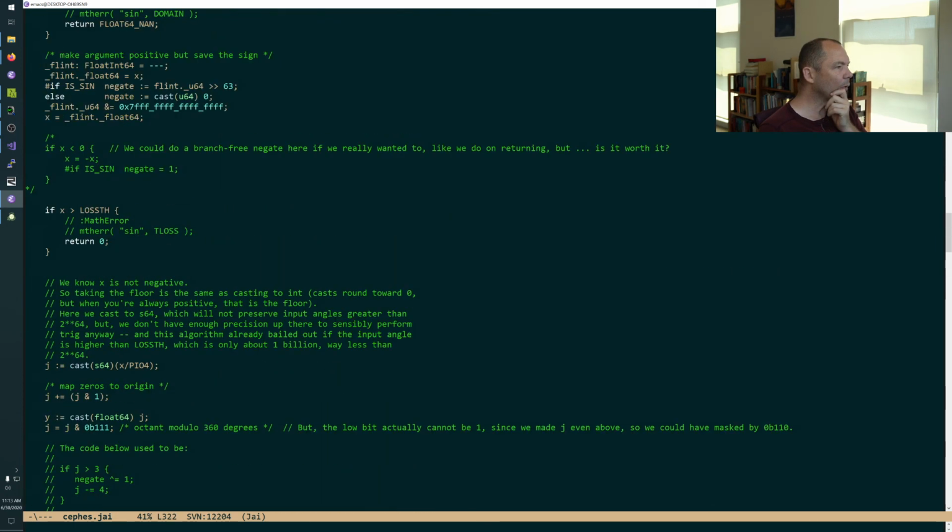Missed underscore in one of the flints. Oh, yeah. I don't think I like this. I don't think it actually saves us anything, honestly. Because the compiler is just going to see, look, if it's cosine, this doesn't happen.